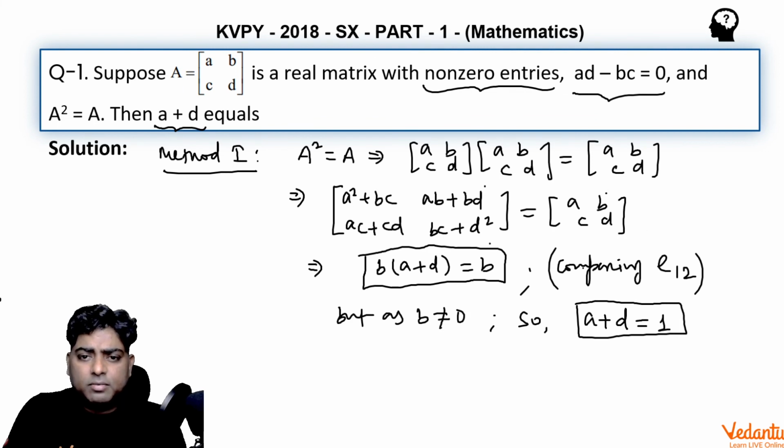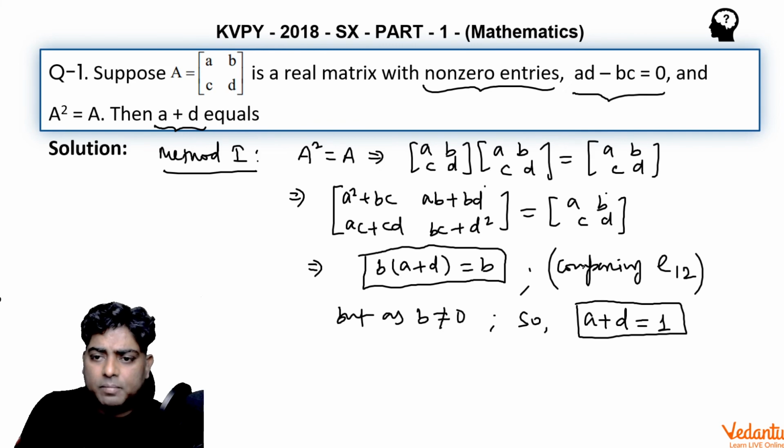In Method 1, if you observe all the different elements other than E12, E11, E22, you will find that this condition is also fulfilled.